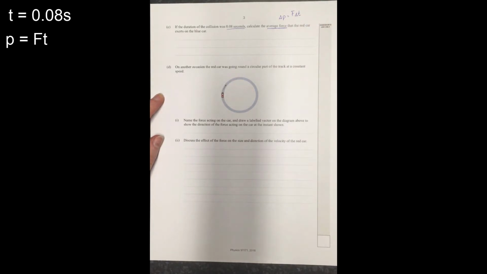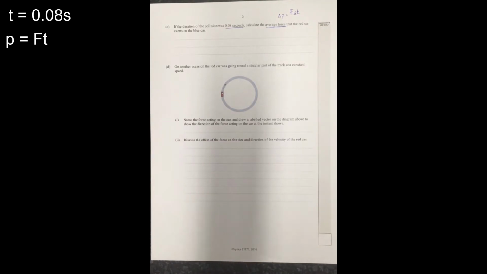Okay, we're actually wanting to work out this force. But first we need to calculate the change in momentum. And this is the bit that you can do two ways. We can look at it from either the red car or the blue car's perspective.